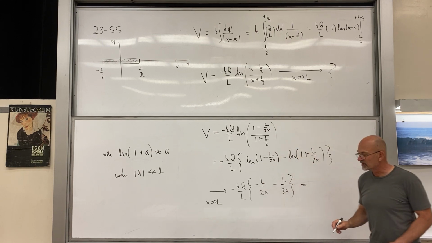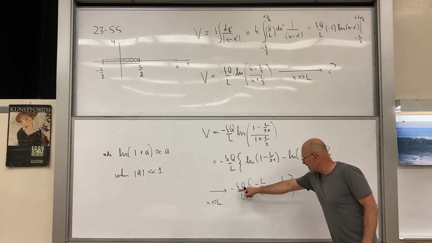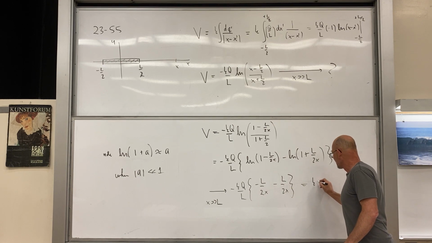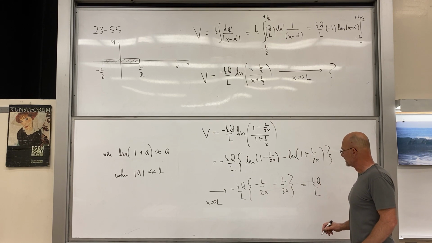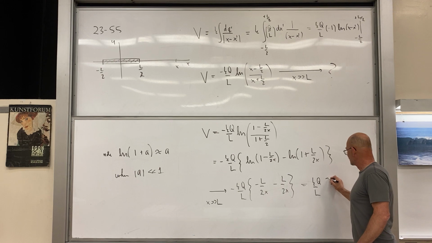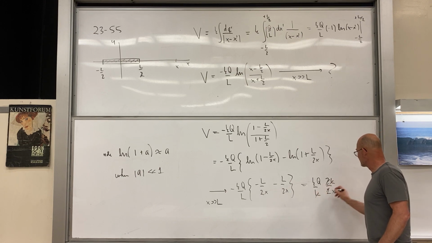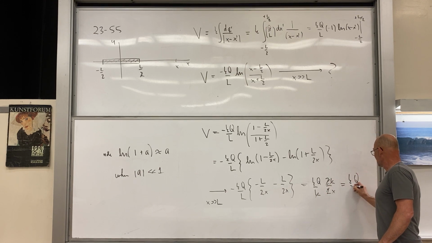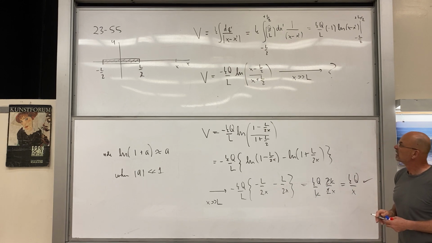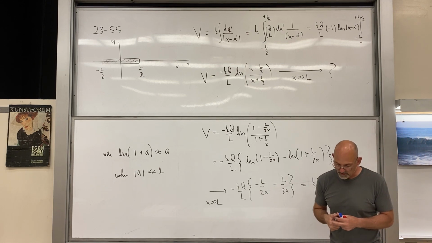And now it's just a question of minus signs cancelling, KQ over L, and we'll have 2L over 2x. The 2's cancel, L's cancel, KQ over x. Okay. So there you have it. Whoever wanted to see that.